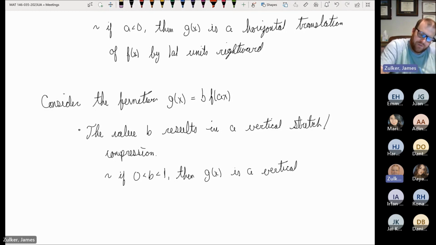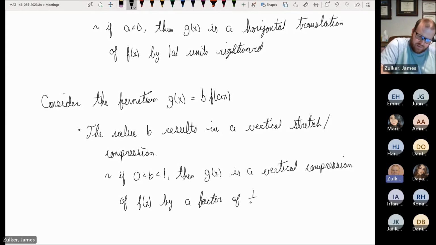This is a vertical compression of f of x. Right, so if b is between 0 and 1, what we have is a vertical compression of f of x by a factor of 1 over b.